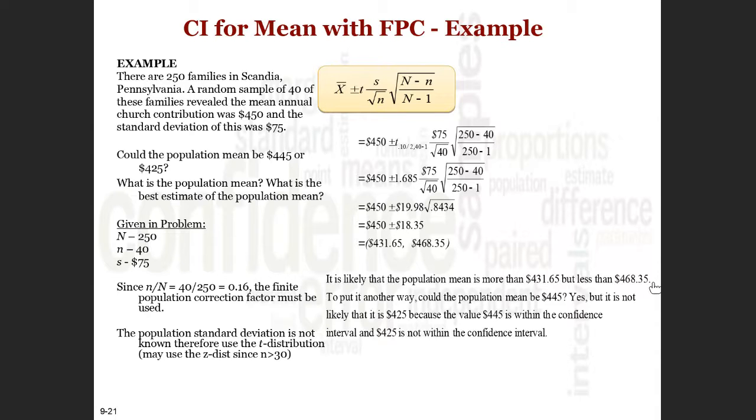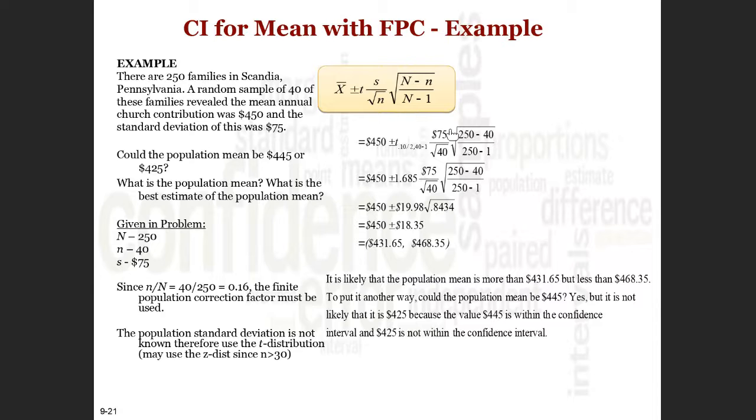What have we been saying? Remember, less than, yeah, right, okay, but that's also 0.5, remember. Look at that number. The population standard deviation is not known, therefore use the t-distribution, but you could use the z-distribution since n is greater than 30.